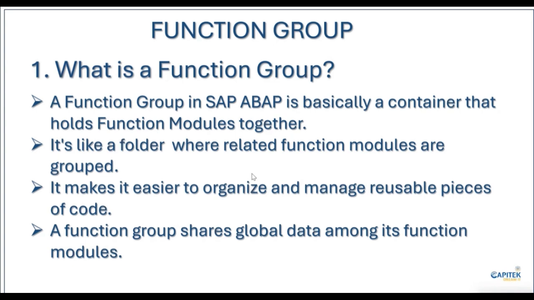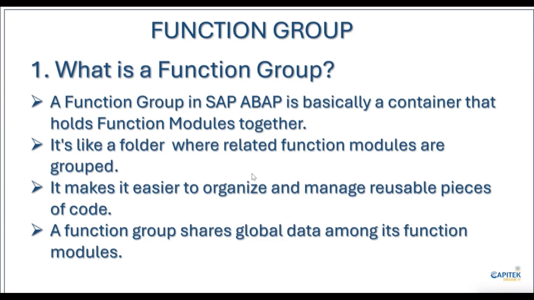Global data means the objects which are used in this function group can be used across your SAP system, within your landscape. It can be in your quality environment or your dev environment, but the same thing follows, like the transport of the objects from one system to another.